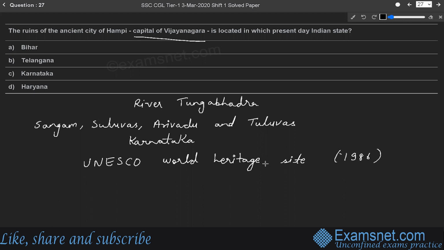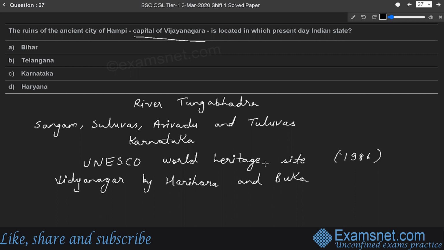So this is the year when it became a UNESCO World Heritage Site. It was also established as Vidyanagar by Harihara and Bukka. Harihara and Bukka are the founders of the Sangama dynasty. In this place, temples related to Hinduism as well as Buddhism are also found.